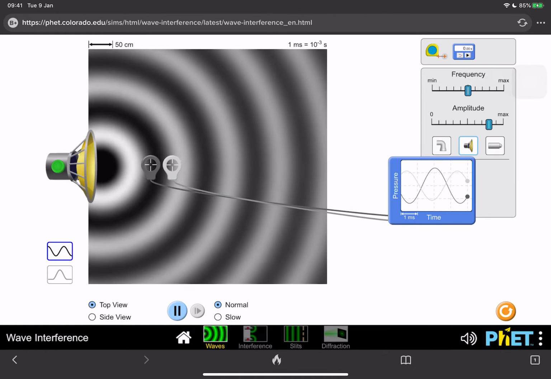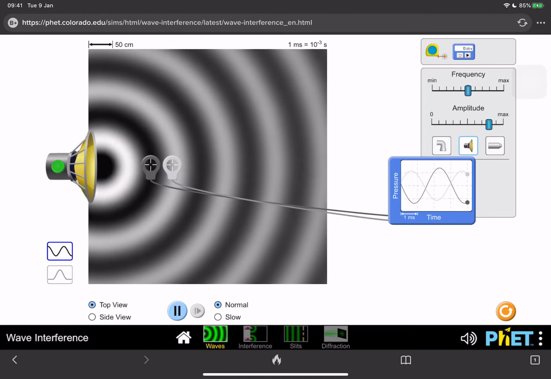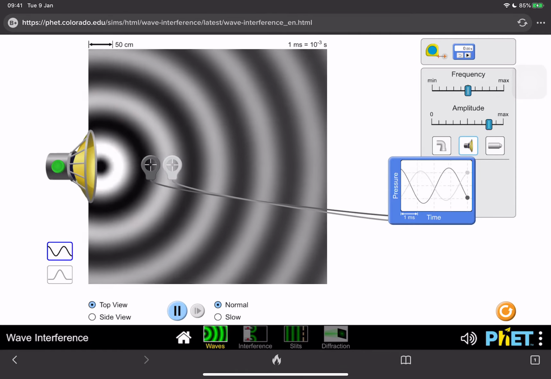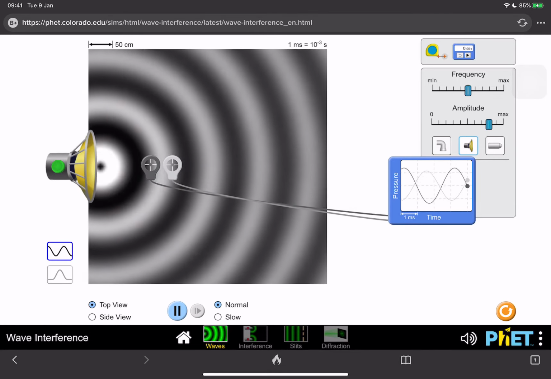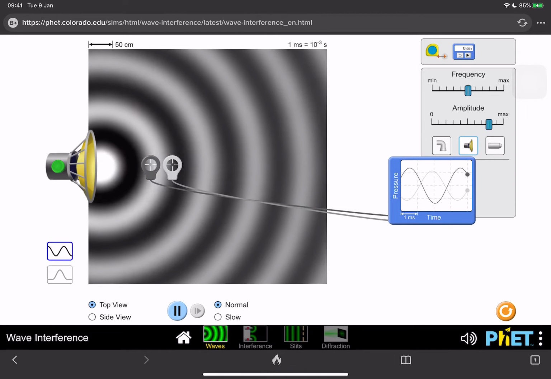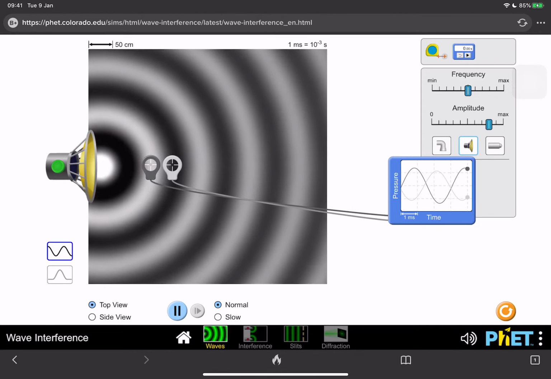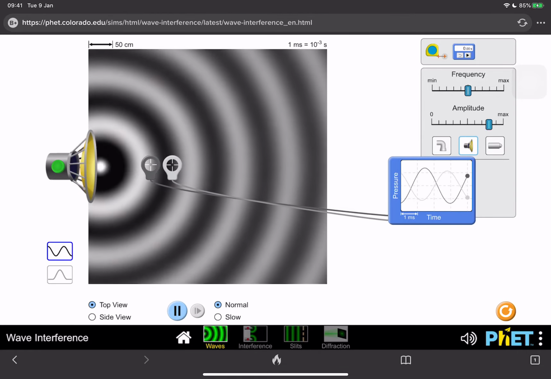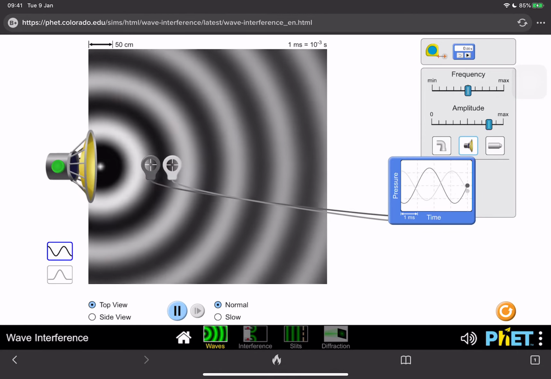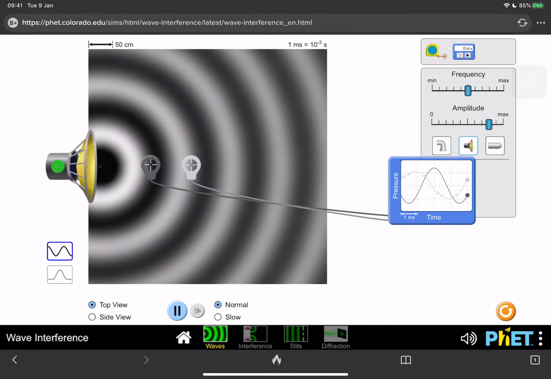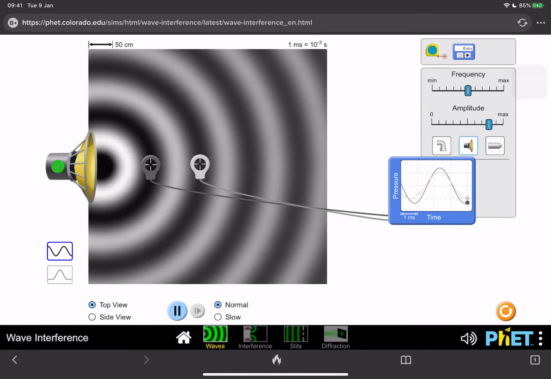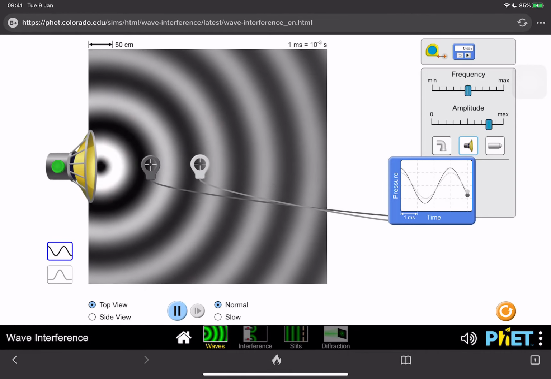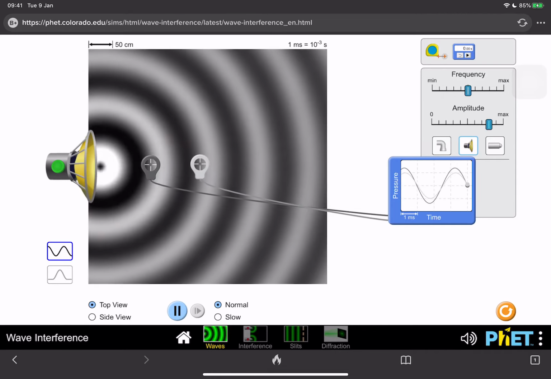So depending on how far away you are from the source, the phase of the wave observed at that particular point will change, right? In this case, the light one is out of phase from the dark graph here. But if I move even further away, then you can see that the two graphs now become in phase again, because they go up and down at the same time.